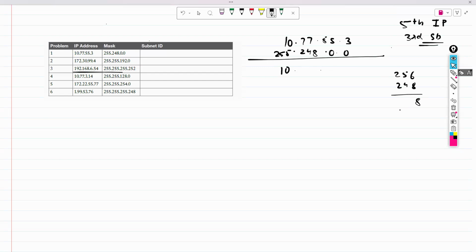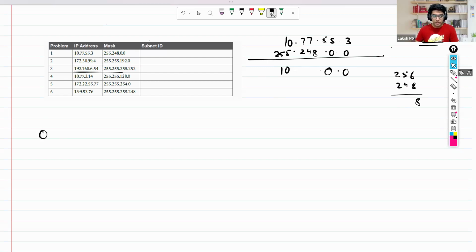So if it gives us 8, we'll write the multiples of 8: 0, 8, 16, 24, 32.